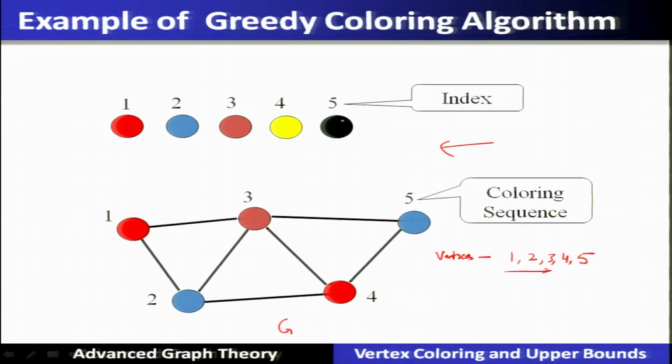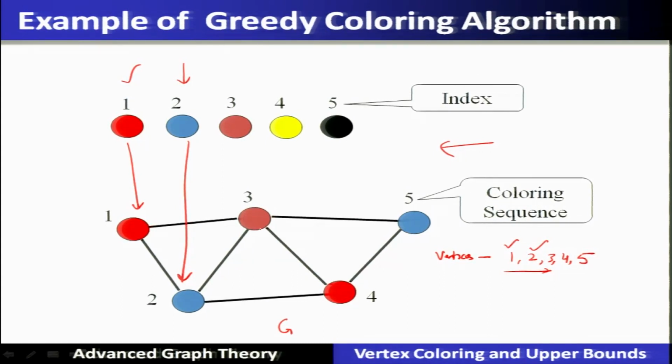Starting the algorithm, vertex 1 will be colored first with the smallest indexed color not used by the neighbor of 1 earlier. So, the color number 1 will be assigned. Second vertex is vertex number 2. Vertex number 2 is the neighbor of vertex number 1. So, the smallest index color which is not used by the neighbor of 2 is basically the second index color, which is assigned to that particular vertex.